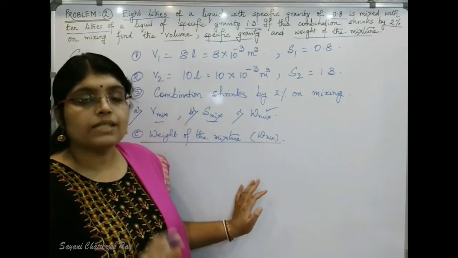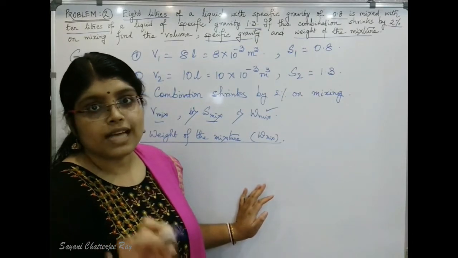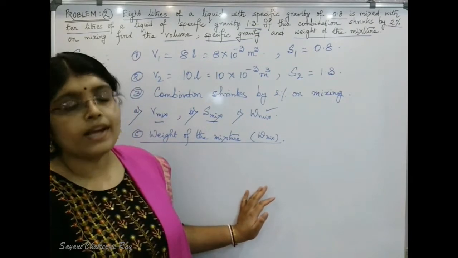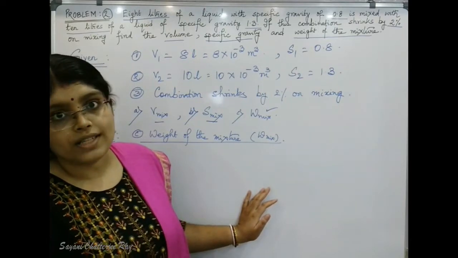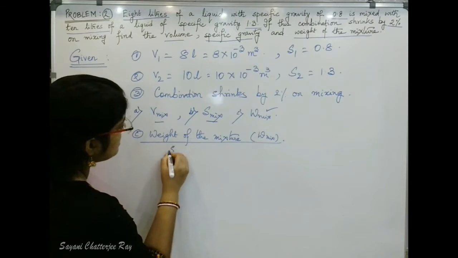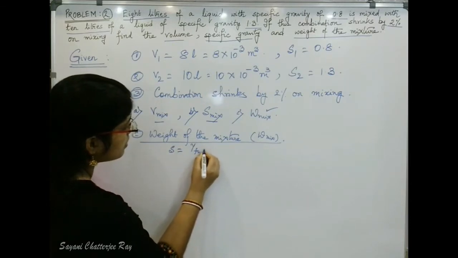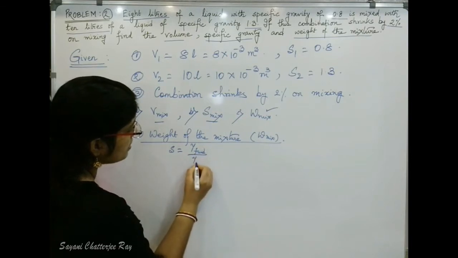Now we all know that specific gravity equals gamma fluid by gamma water. What is gamma fluid? It is the weight density of the fluid divided by weight density of water. So we will apply that formula first. Specific gravity equals gamma fluid by gamma water.